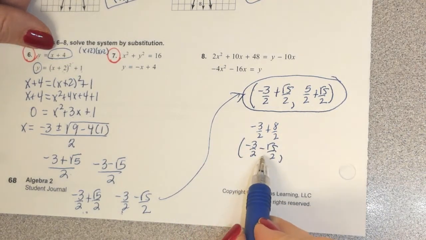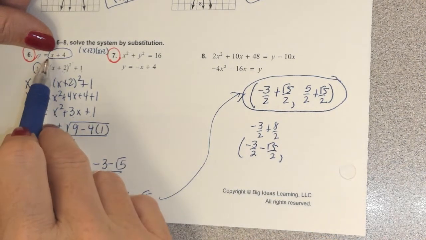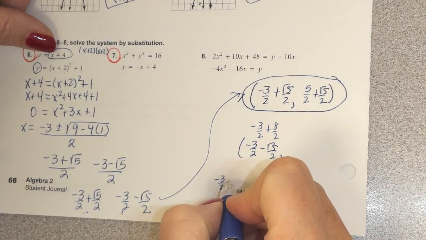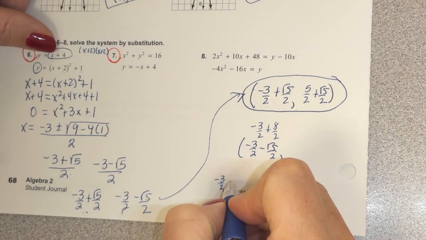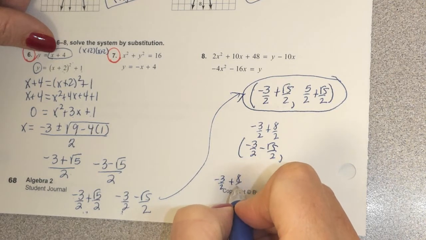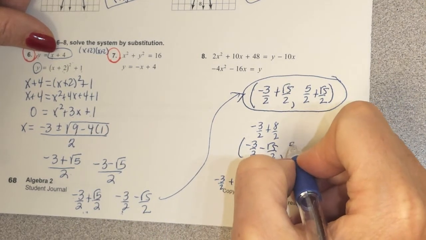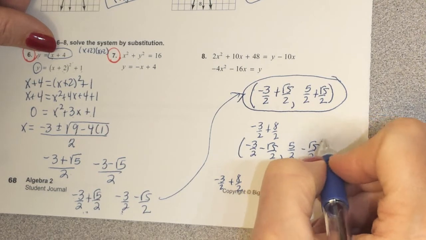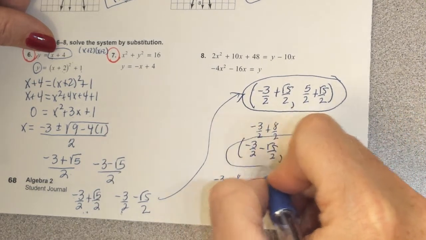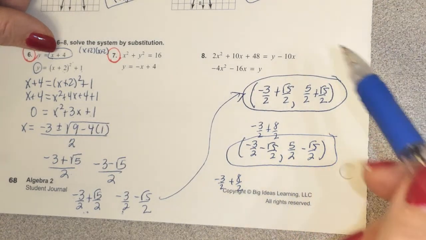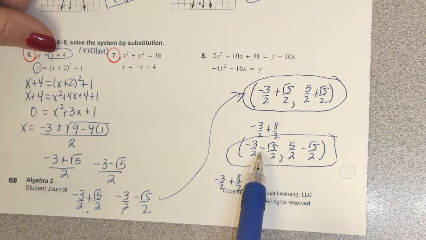To find the y value that goes with that x, I'm going to have to substitute it in. So I'm going to have negative 3 halves, plus 4 again. So that's not going to change anything. It's still going to be 5 halves, but this time minus radical 5 over 2. So those would be our two solutions.